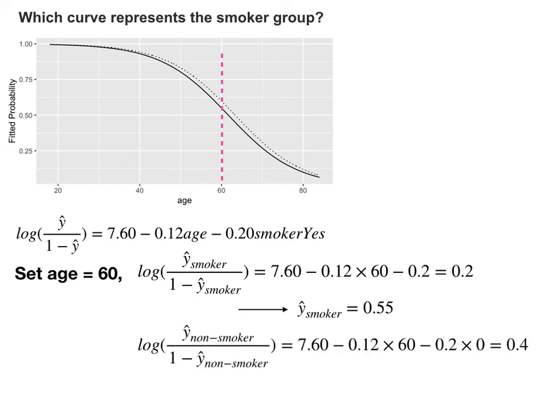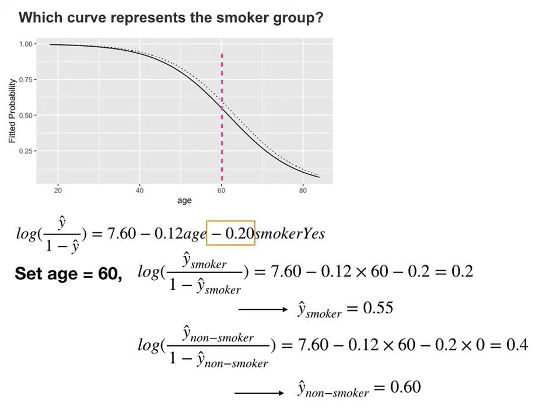We could do the same for non-smokers, and their log odds is 0.4, and their probability of survival is 0.60. So we can see that at least at age 60, non-smokers have a higher probability of survival than smokers, which means the dashed line represents the non-smokers and the solid line represents the smokers.